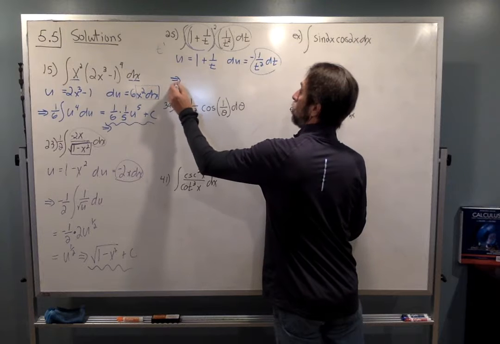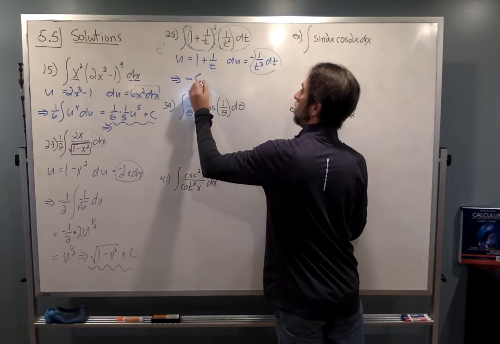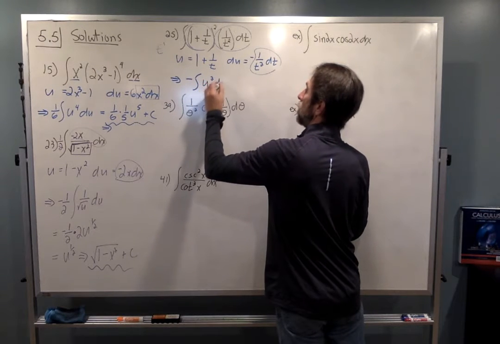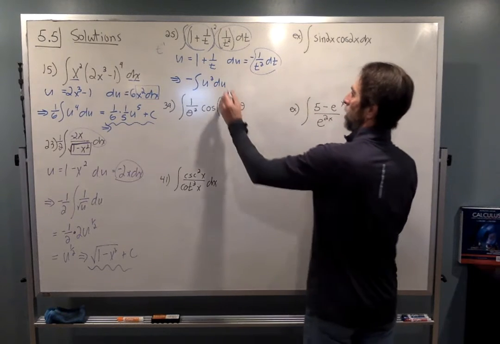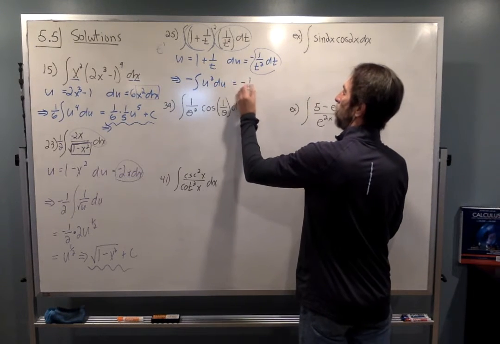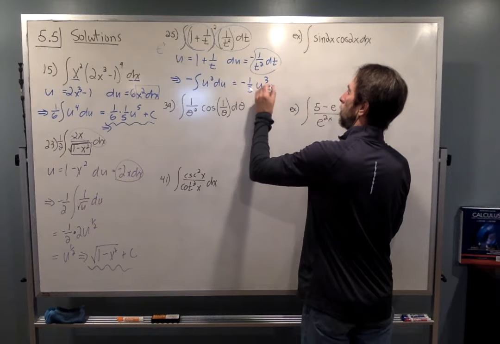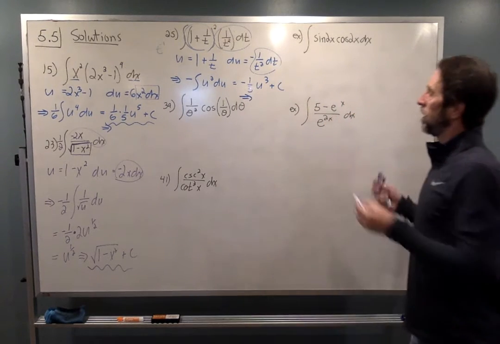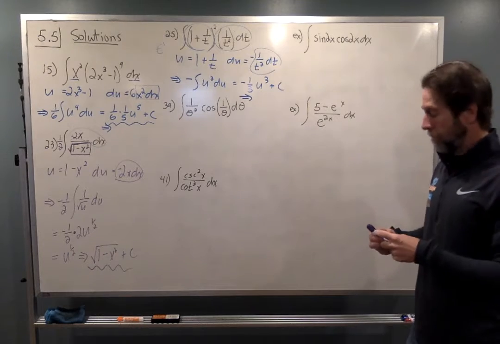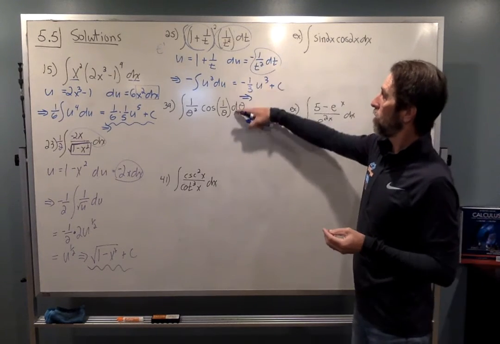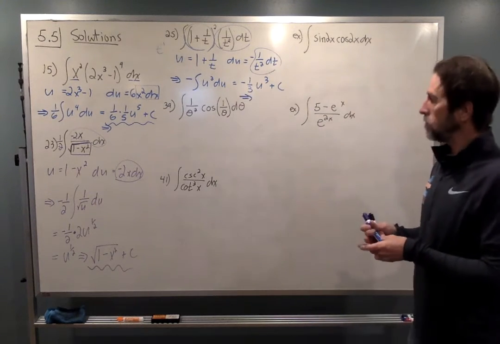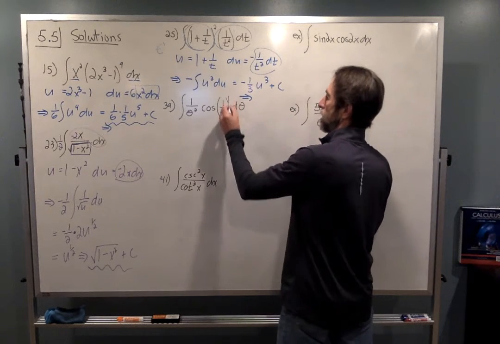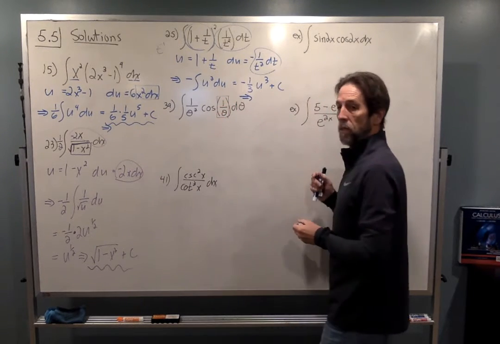So in terms of u, this is basically negative u squared. That antiderivative is negative 1/3 u to the third. Then we just put it back in terms of x values, and we have our answer. As I mentioned, these two are very similar to each other. So in this case, I will let 1 over theta be the u value.